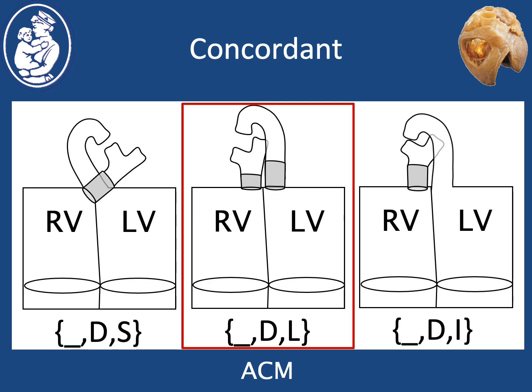However, the connections are quite abnormal. The aorta has a well-developed subaortic conus, whereas the pulmonary artery typically has a deficient or no subpulmonary conus.